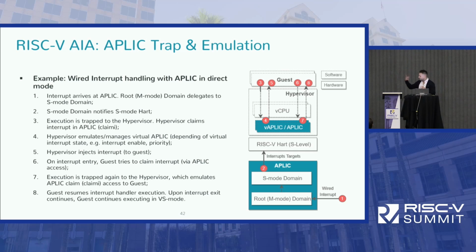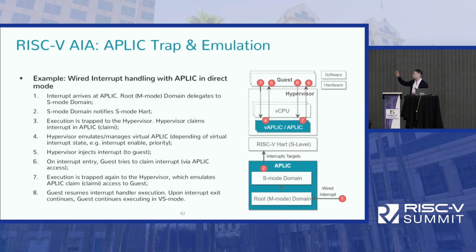But as we will see at the end of this part of the presentation, this is still a topic of ongoing discussion to understand if the APLIC will exist as a single component without the IOMMU in some configurations, and in that case, what kind of support is needed. I just want to highlight how impacted the interrupt latency and performance will be in case there is just a system with the APLIC and there is no support for virtualization.